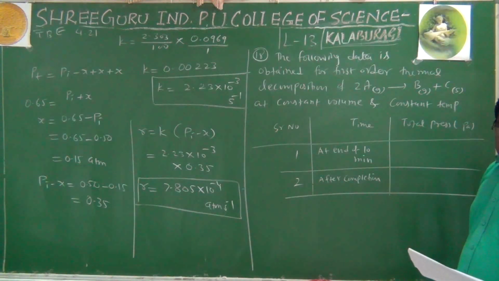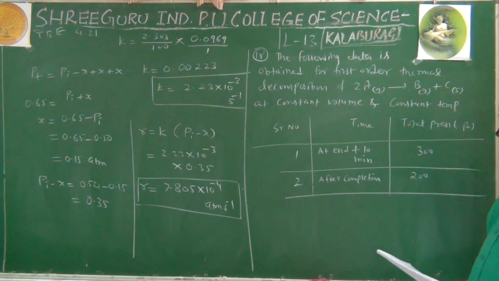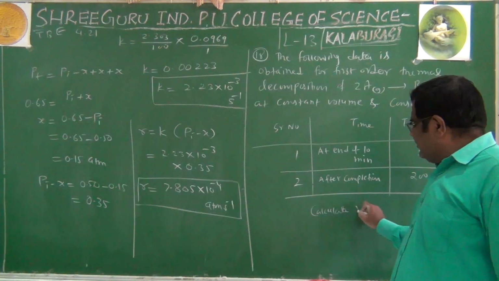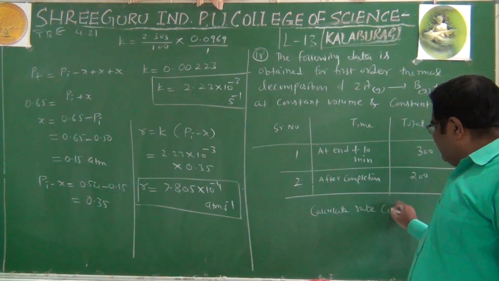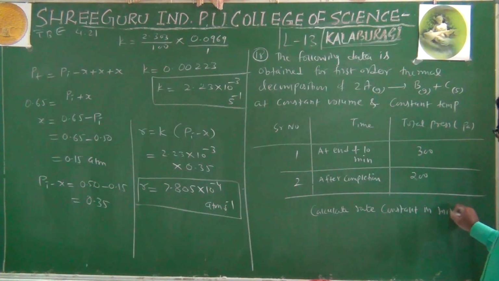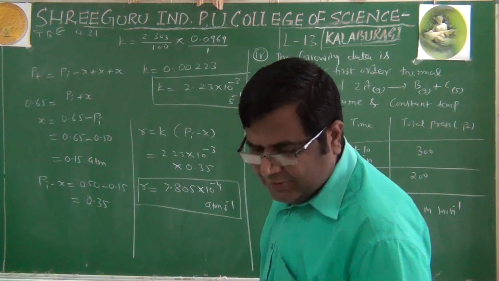This is 300. This is 200. And calculate the rate constant in per minute. This is the question before us.